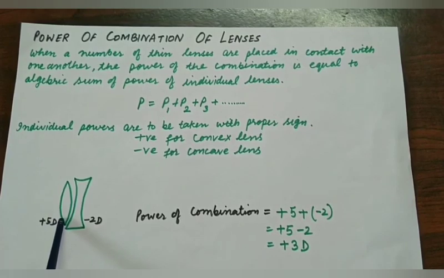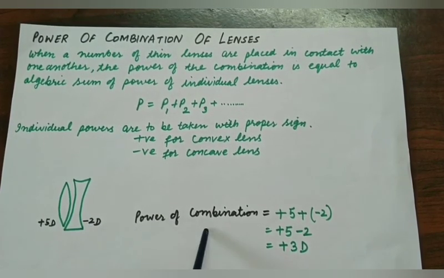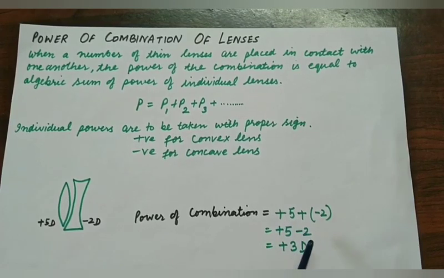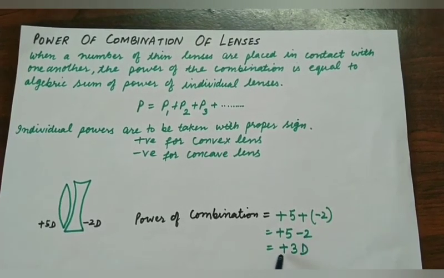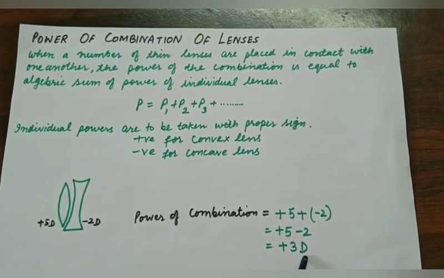This is a convex lens with a power of plus 5D, and this is a concave lens with a power of minus 2D. The power of the combination will be plus 5 minus 2. So the power of the combination comes to be plus 3D.